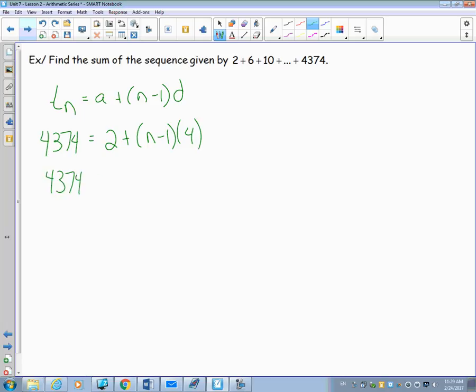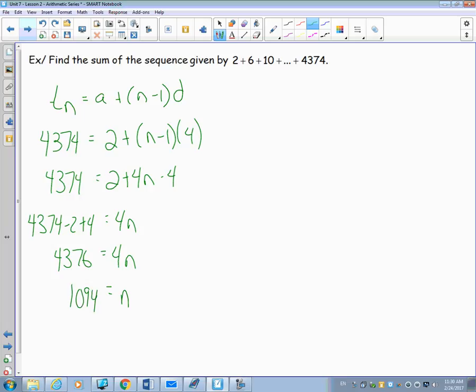Let's expand our brackets. We'll collect some like terms and rearrange this equation, and we'll get 4,376 is 4n. If we divide that by 4, we get 1,094. That's a big sequence. I won't want to punch that in my calculator. But if I want to figure out the sum of it, I can do that pretty quick.